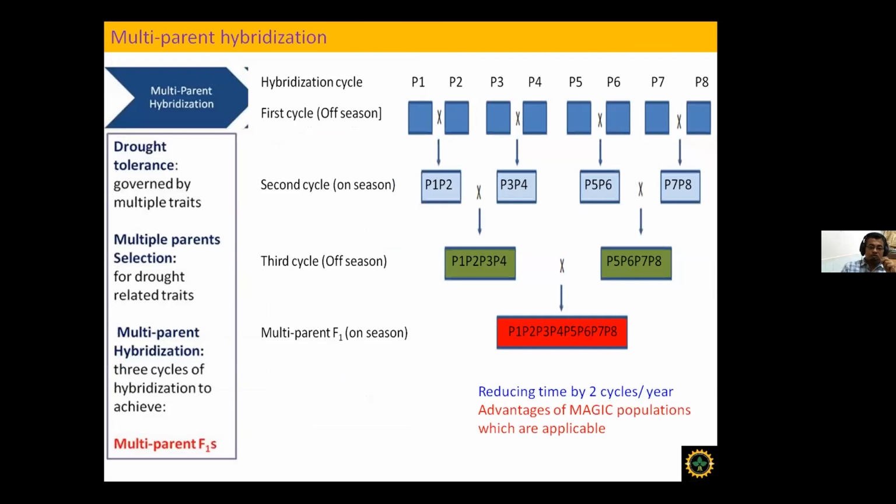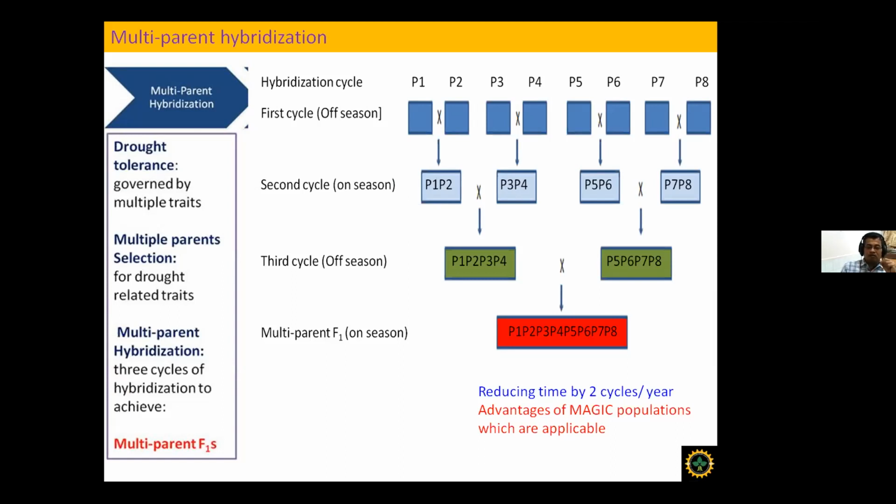To follow the multi-parent hybridization, as I discussed already, it is very similar to the development of a MAGIC population. It is an eight-way cross, and this MAGIC population at our institute has been developed for yield-related traits also, and we are taking advantage of that for drought-related traits.